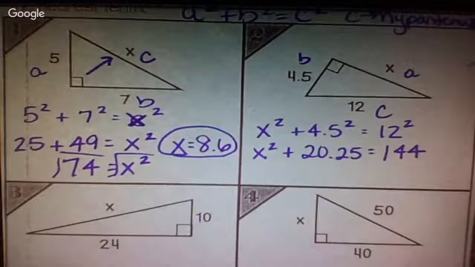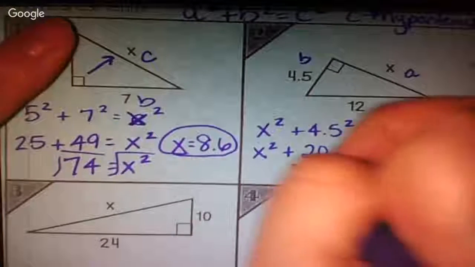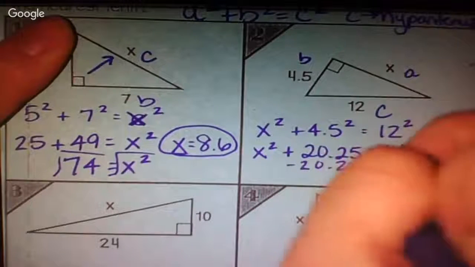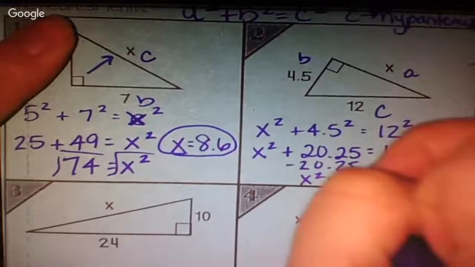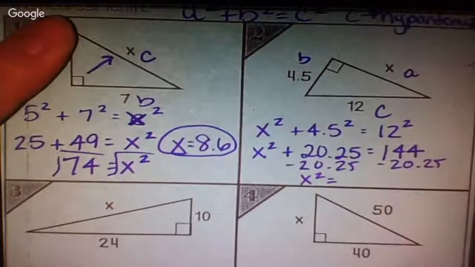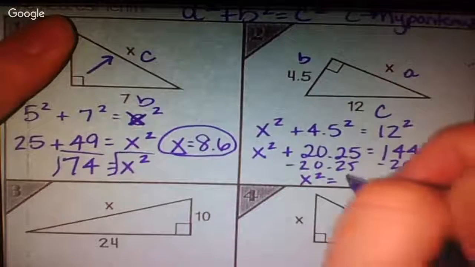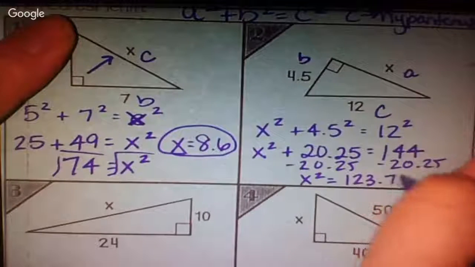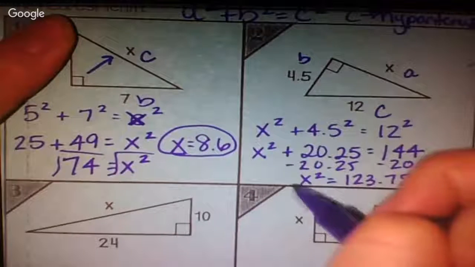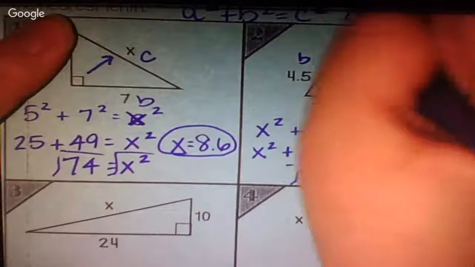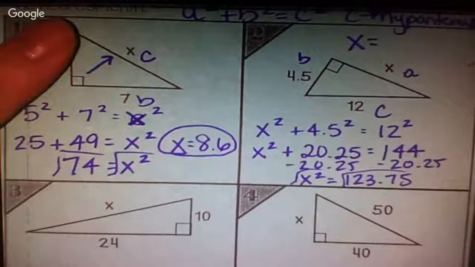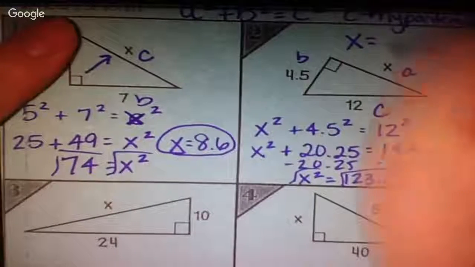I have to subtract. I've got to move that 20.25 to the other side. So I get x squared equals 123.75. Take the square root of both sides. What does x equal here? 11.1.